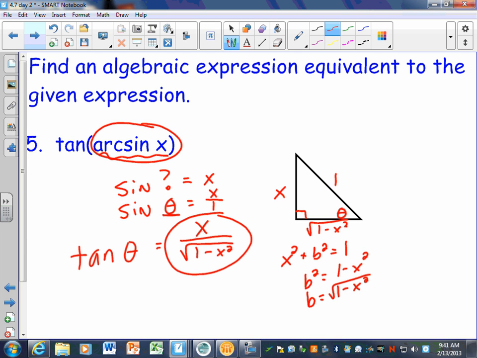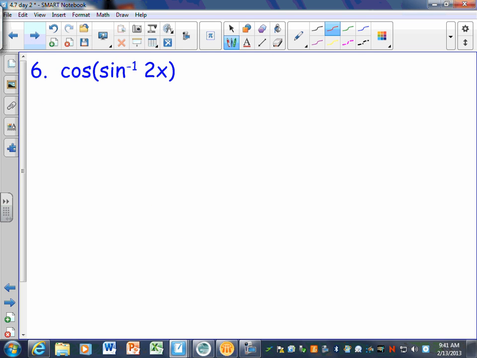So let's do another one of these. I'm going to let you kind of do another one of these. It's going to be just like this. Again, the directions are find an algebraic expression for this.